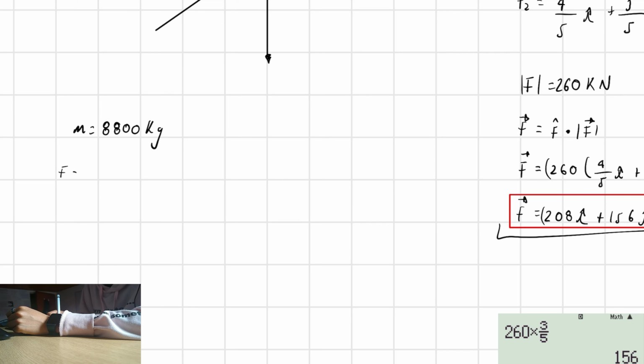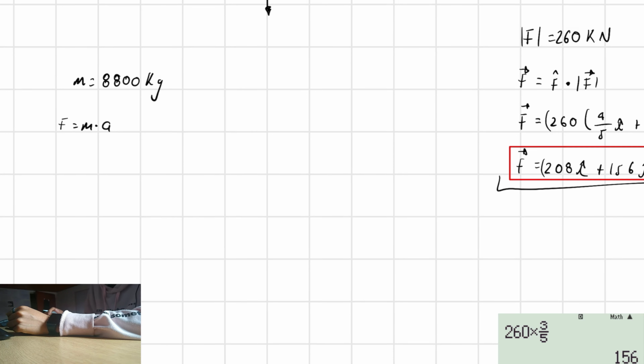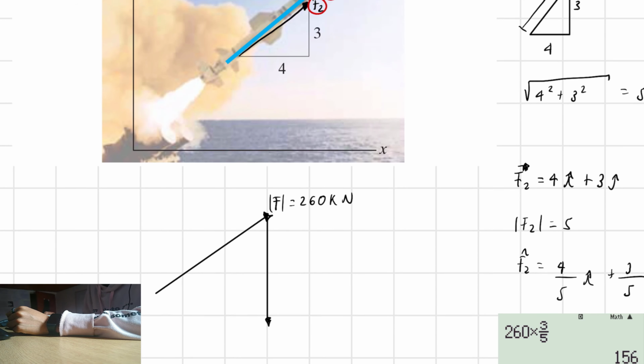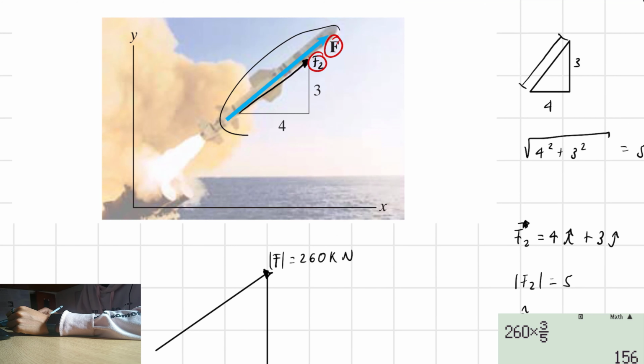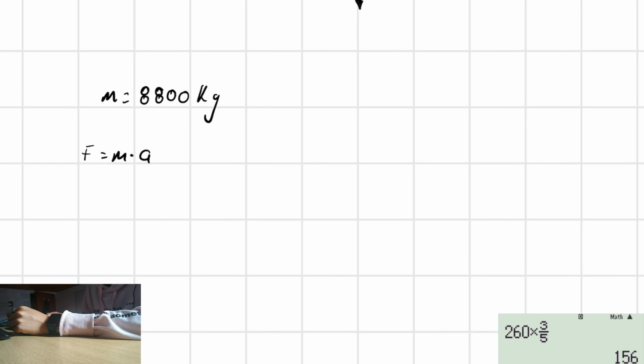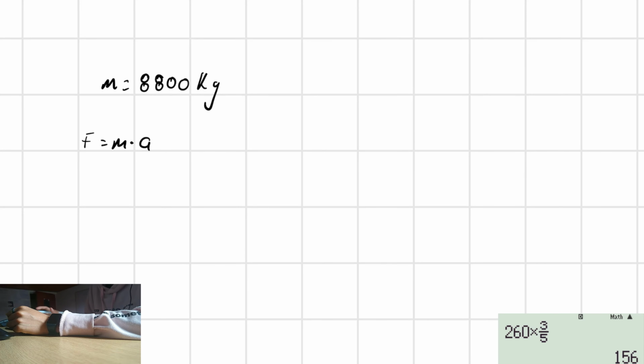Remember, a force is equal to a mass multiplied by an acceleration because of Newton's second law. Which acceleration? Well, since we are on the earth, then we are going to use the gravity acceleration.